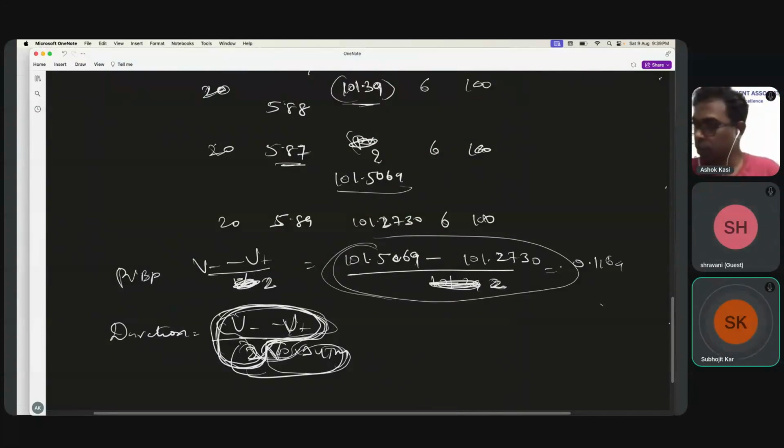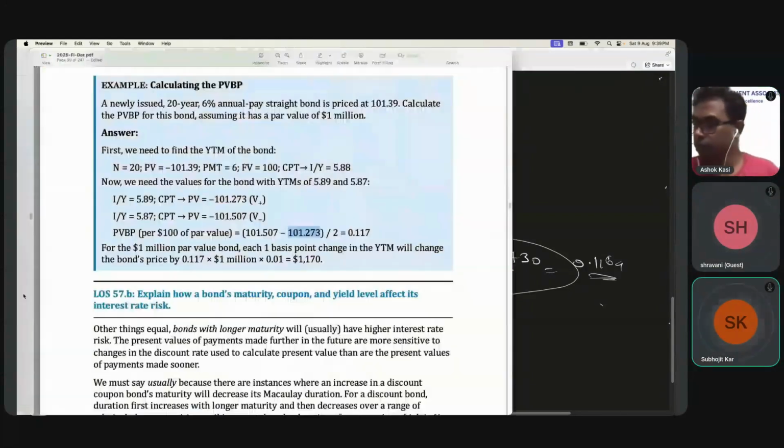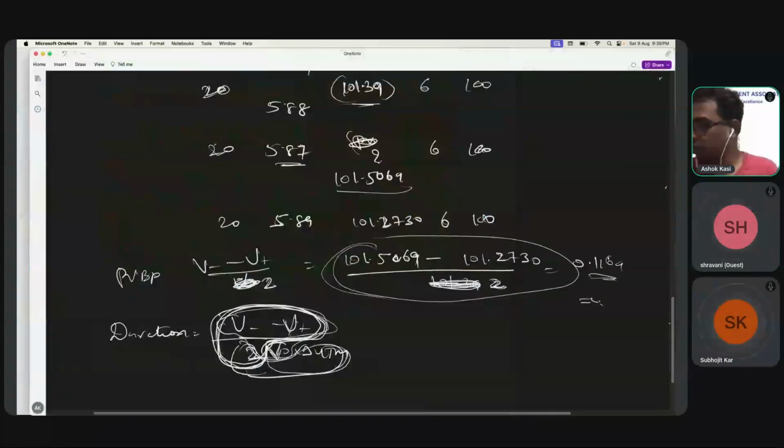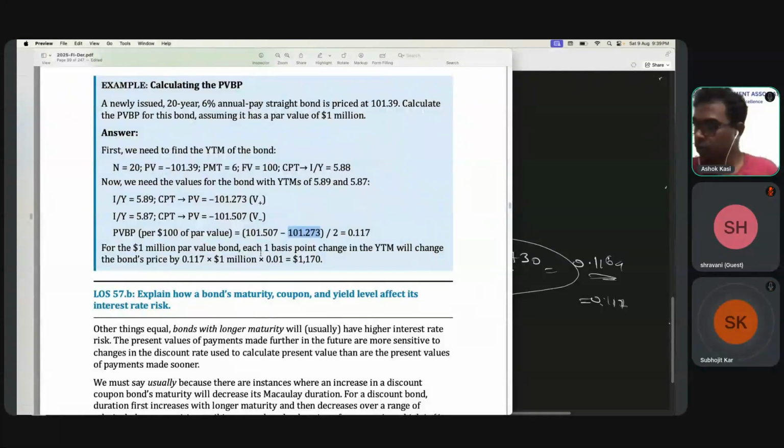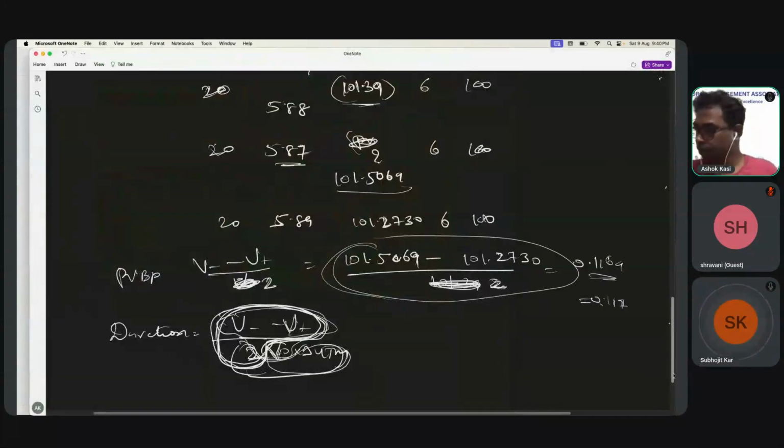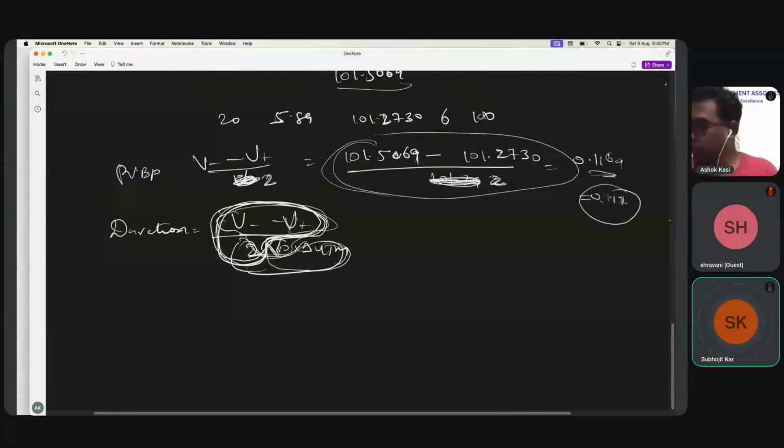That means the price will change for 1 basis point by 0.117. This is for one bond.